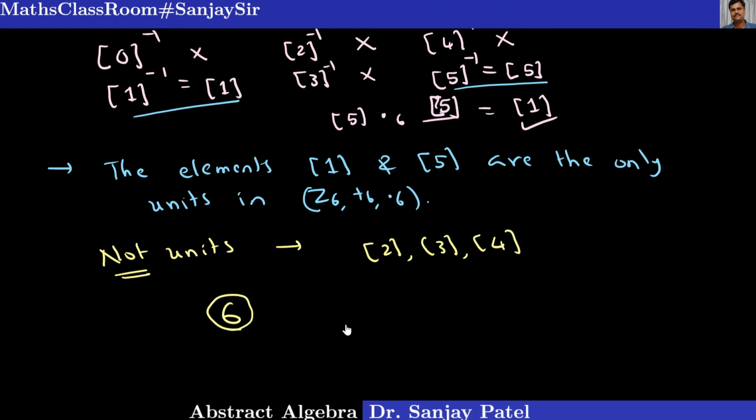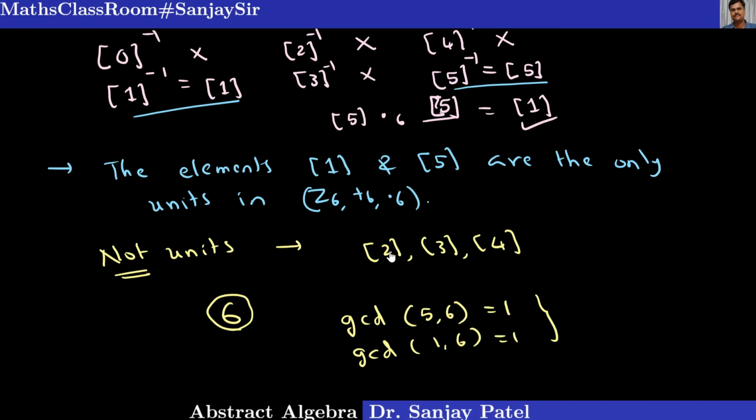In other words, the GCD of 5 and 6 is 1, and the greatest common divisor of 1 and 6 is also 1. So these elements class 1 and class 5 are relatively prime to 6, while these are not relatively prime.